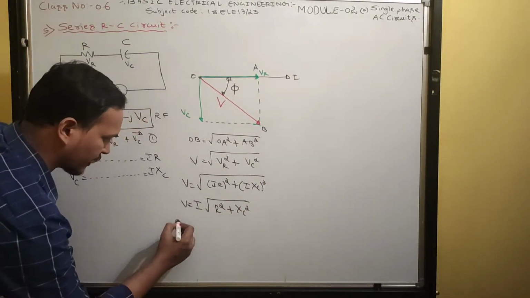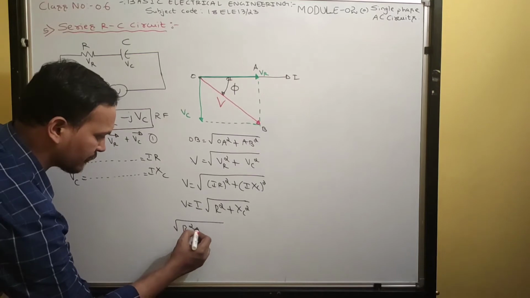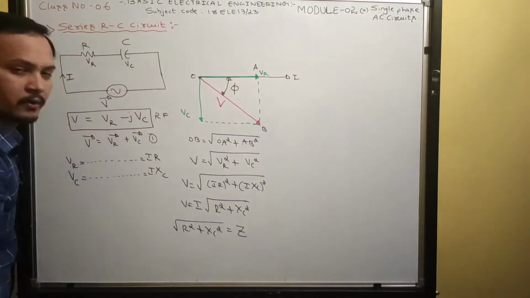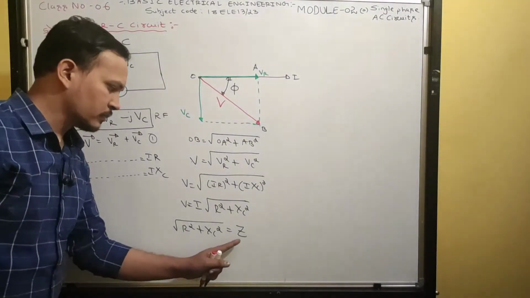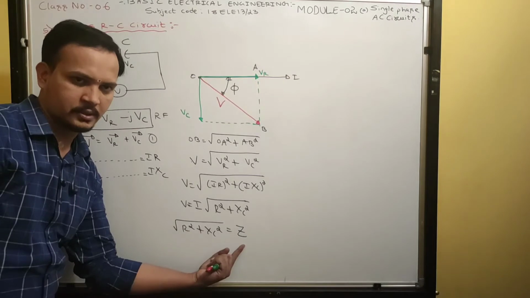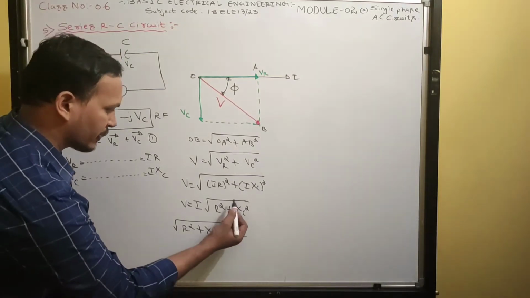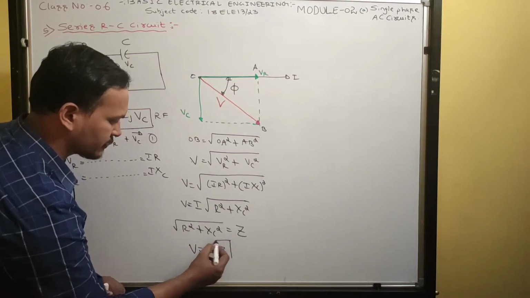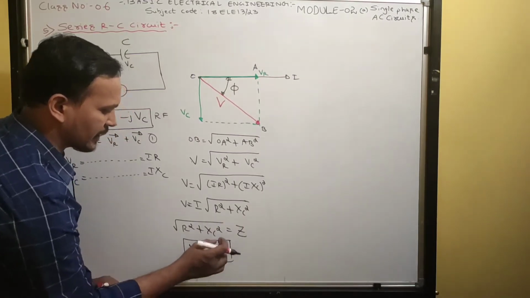This component is nothing but the magnitude of impedance, Z. Therefore V is equal to I into Z.